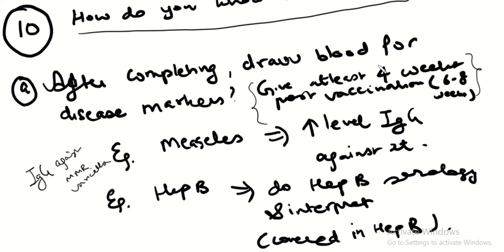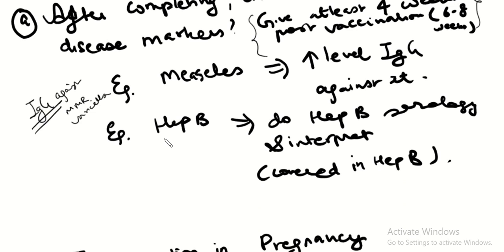So after 4 to 8 weeks of the vaccination series being complete, we draw the blood, we measure IgG against these, and if they are higher than the threshold, the person has immunity. Be a little careful because IgG would be a generalization.